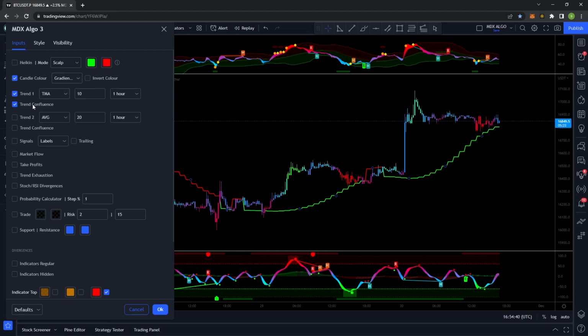My favorite thing about this indicator by far at this point is this trend confluence option, and that would actually be this red and green moving average here. So you have a whole list of different kinds of moving averages here. Something that a lot of people in the private Discord have been using has been on the setting TMA, 10, and the hourly.